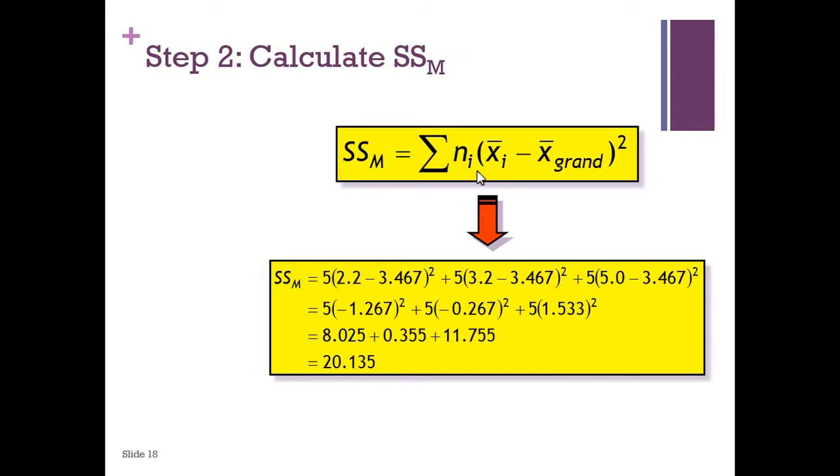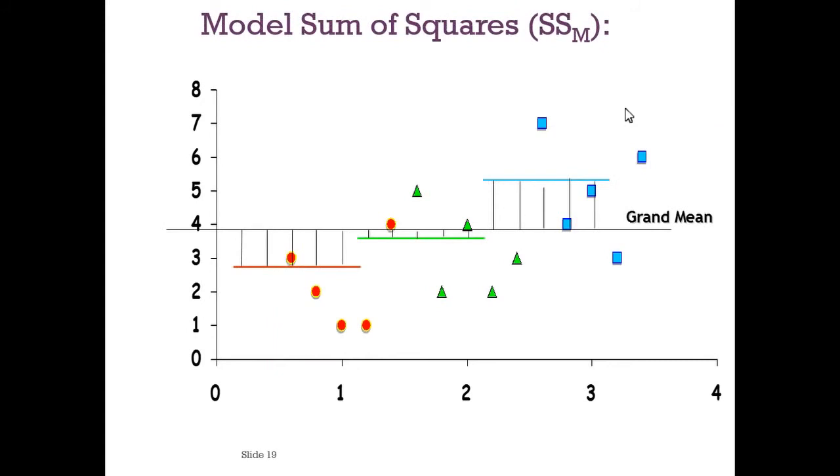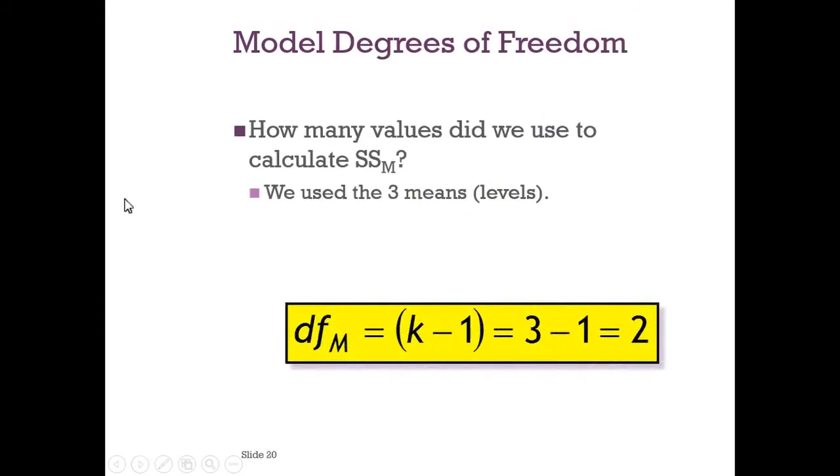So we have to count for each person in the group as well. I don't feel like that's quite as important because nobody ever does these by hand, as long as you get that each group is different from the grand mean. And that is what this slide is trying to show: how far are the red line, the green line, and the blue line from the grand mean?